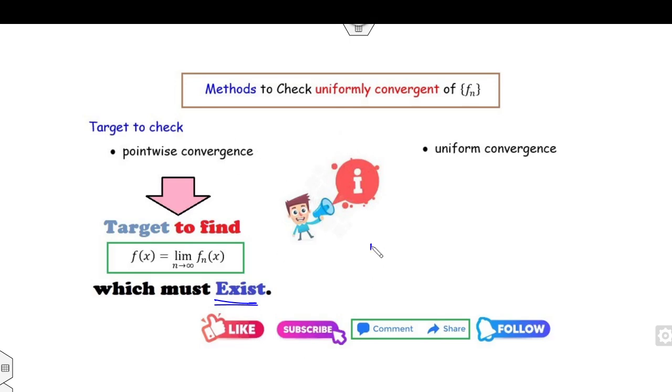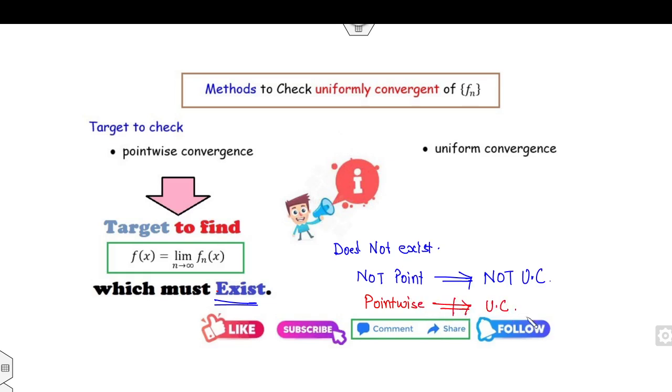Remember, if the limit does not exist, then it is not pointwise convergent, and if it is not pointwise convergent, it implies it is not uniformly convergent. But if the limit exists, it is pointwise convergent, and that doesn't imply it is uniformly convergent. It may or may not be uniformly convergent.